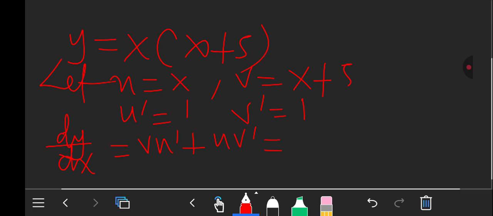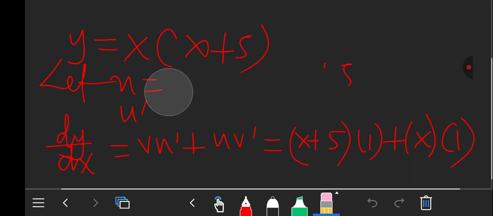So this will be equal to, what is our v? Our v is x plus 5. What is our u prime? Our u prime is 1. Plus, what is our u? Our u is just x. Our v prime is 1. So I can get rid of this.